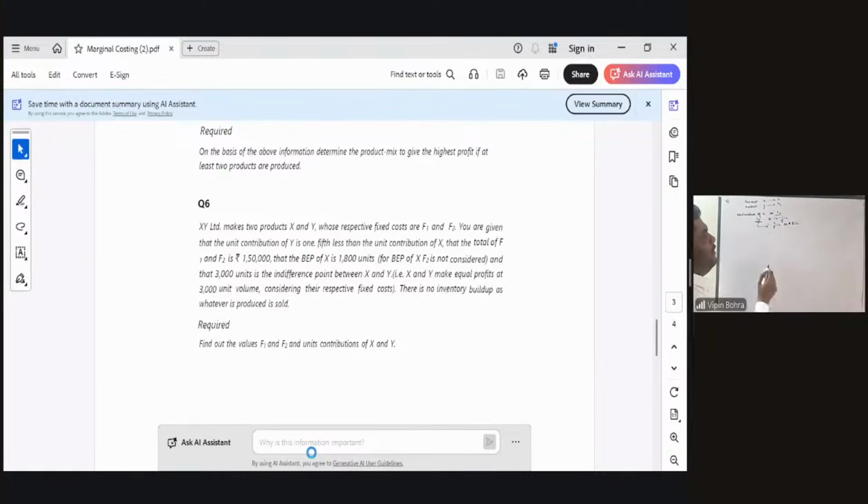So if the contribution of X is Cx, then Cy will be 4/5 of Cx, or we can say it is 0.8 Cx.